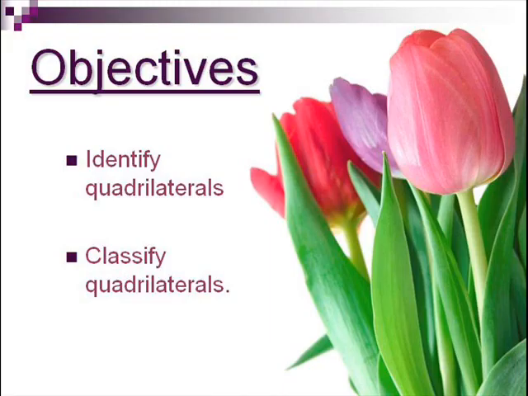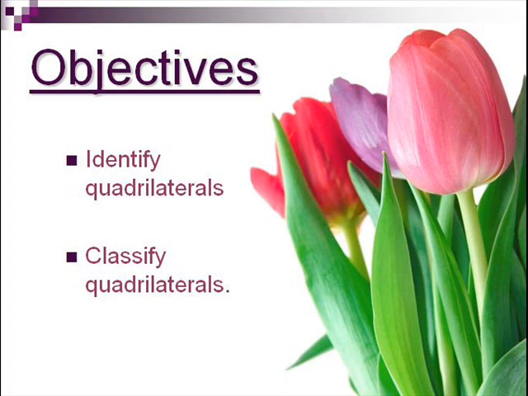Next is objectives. Today we are going to be talking about different types of quadrilaterals. We will be looking at the sides and the angles of each figure to help us classify the different types. By the end of class, all students should be able to identify and classify the quadrilateral based on the sides and the angles.